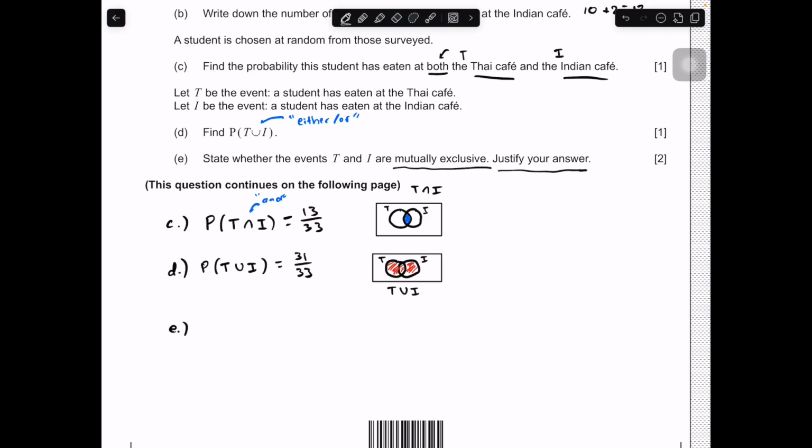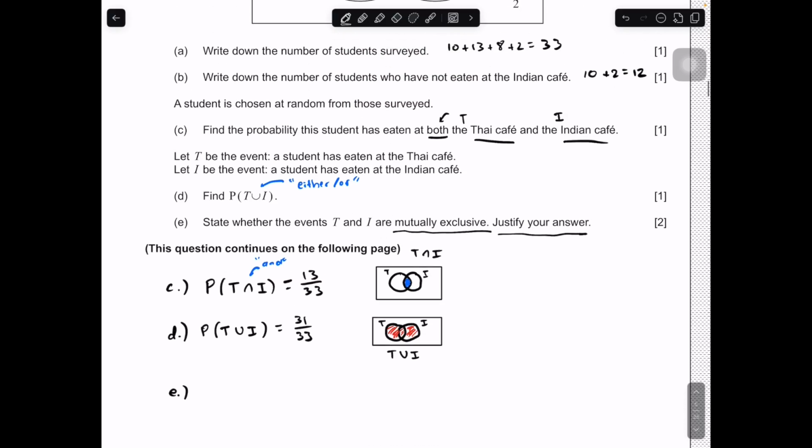It essentially asks, can these two events happen at the same time, or is it impossible for them to happen at the same time? So in this case, is it possible for someone to have eaten at both the Thai and the Indian restaurant?